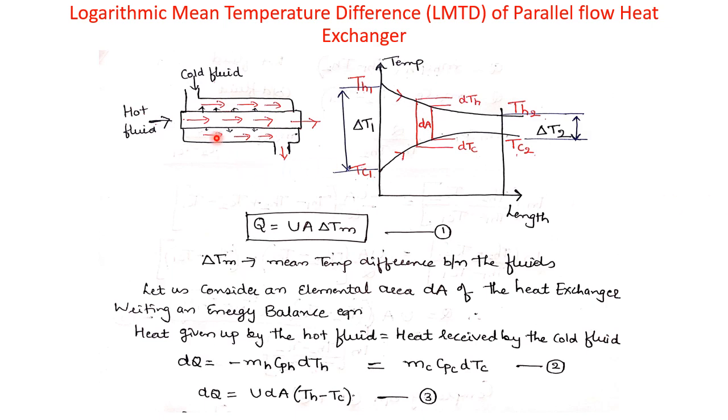Consider a double pipe parallel flow heat exchanger in which both the hot fluid and the cold fluid flow parallel to each other, and these two fluids are separated by a solid wall.